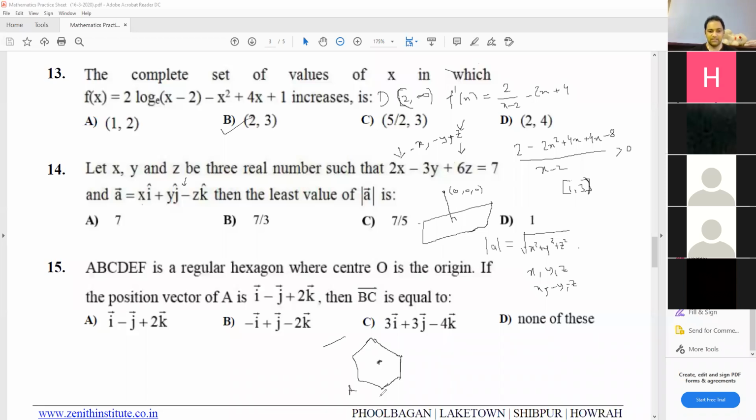So let's say this is A, B, C. So this would be vector OA. What can we say about vector OA and vector BC? Anti-parallel. They are anti-parallel, so we can directly take the minus of it. Minus of this will become BC. Such easy questions.